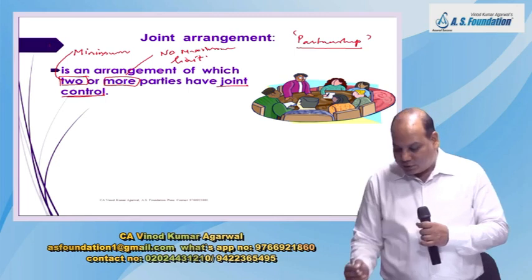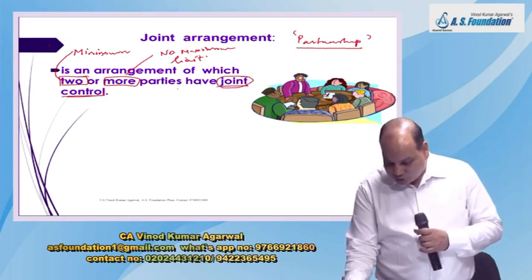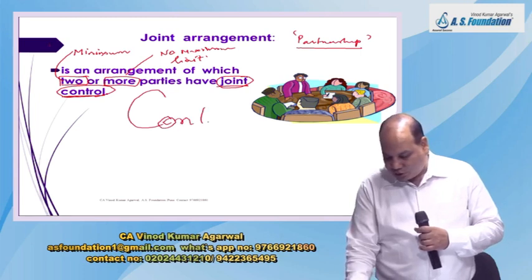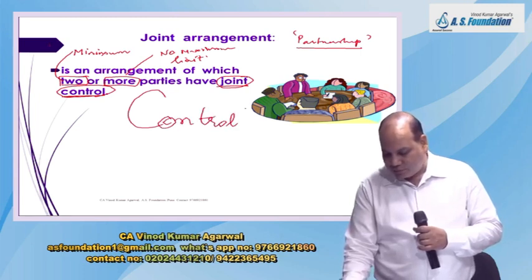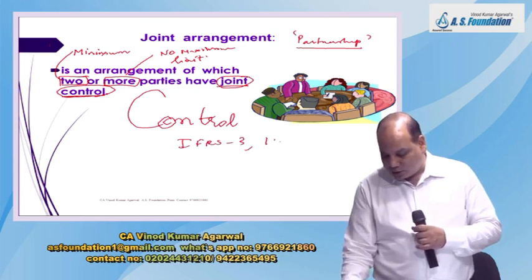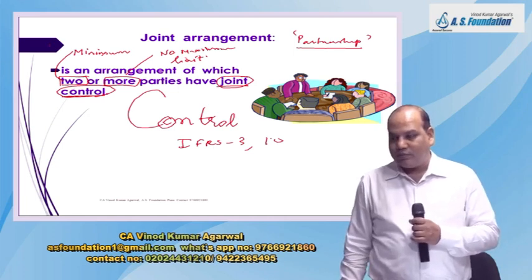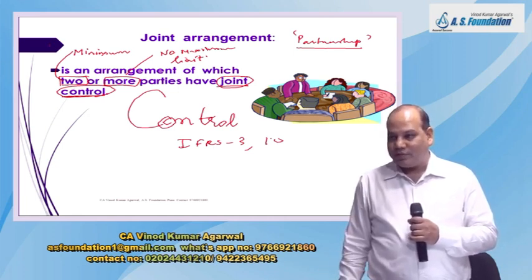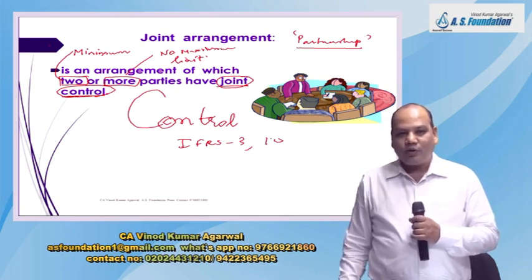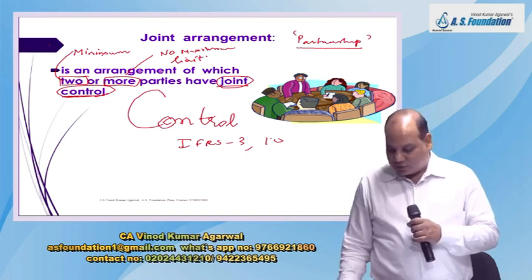So this standard has given rise to a new concept called joint control. This word control we have seen in which standard? IFRS 3 and IFRS 10. The starting point is IFRS 3. In a business combination, if there is control acquired over a business, then we apply IFRS 3.